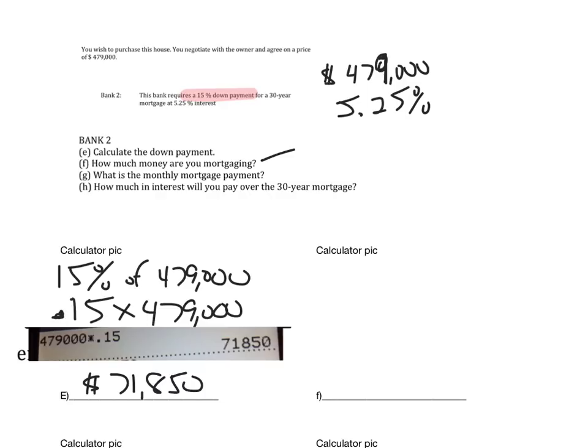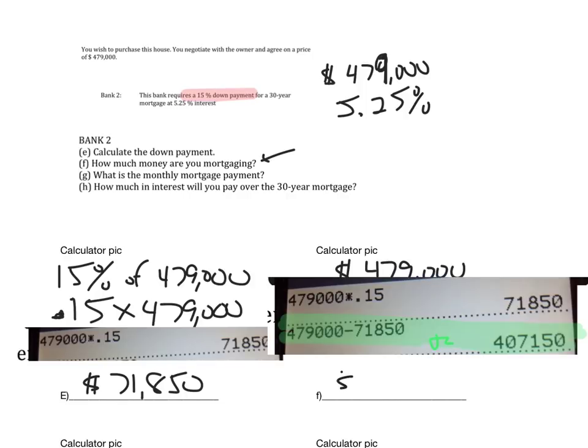Letter F for this Bank 2. We'll take the $479,000, the selling price of the house. We'll subtract our down payment, the $71,850. So how much money you're mortgaging, how much money you're borrowing from Bank 2 is $407,150.